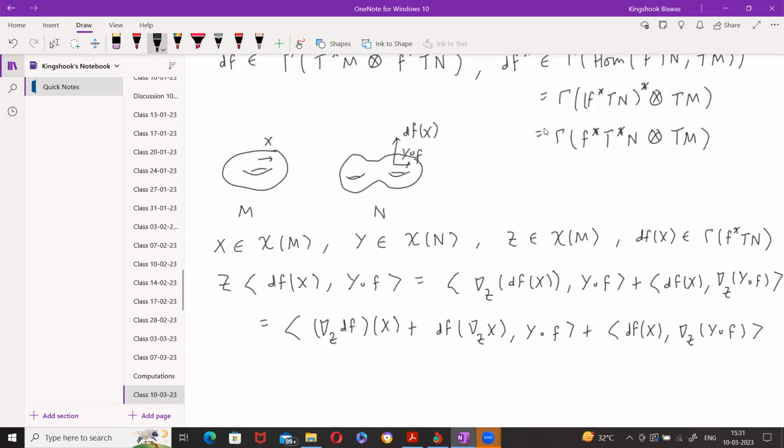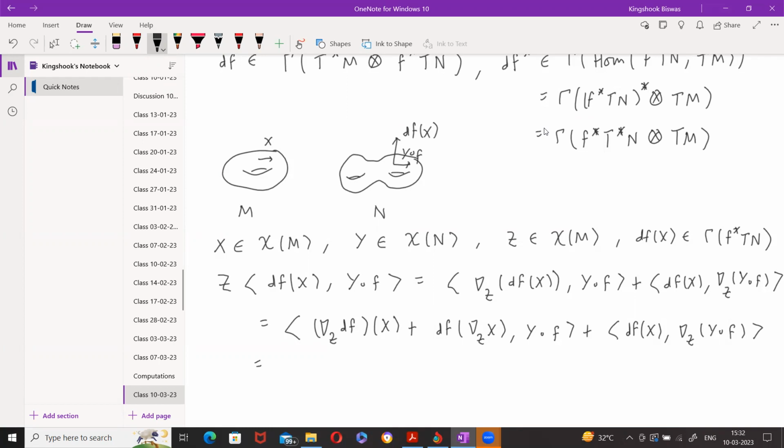So this nabla Z Df is a linear map from TpM to T f(p) N, right? So this linear map, I can take its adjoint and move it to the other side also.